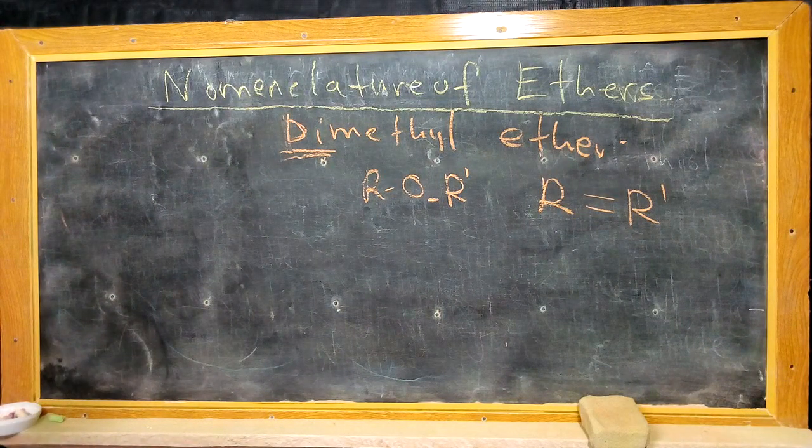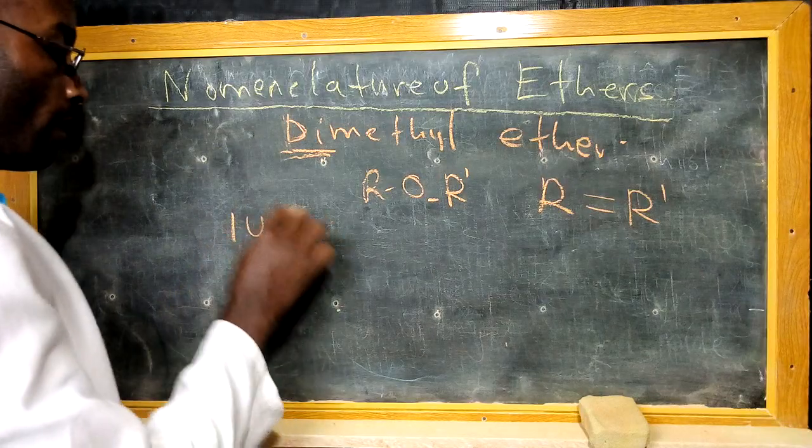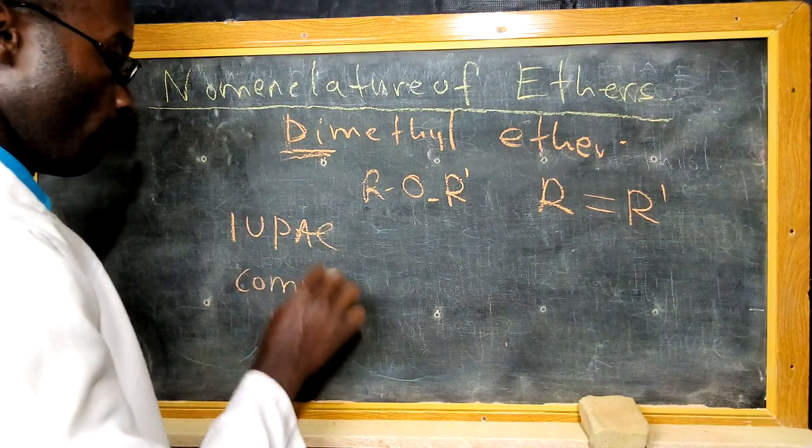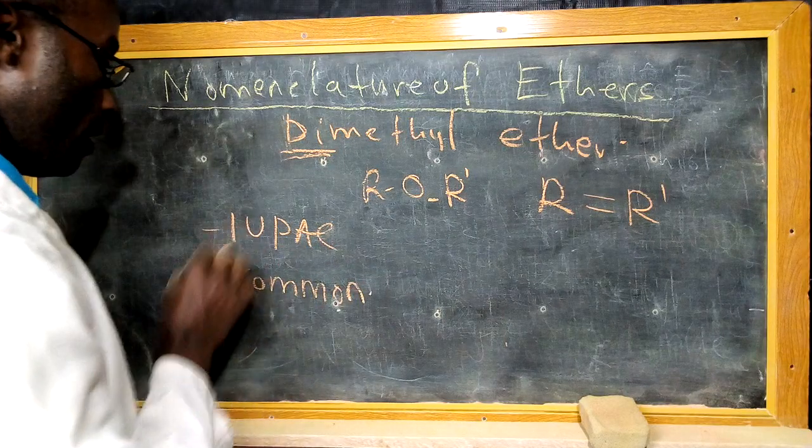In this case, the alkoxy group OR is treated as a substituent, which can be either an alkane or another functional group, as we have said. In ethers, we have IUPAC names and then common names.